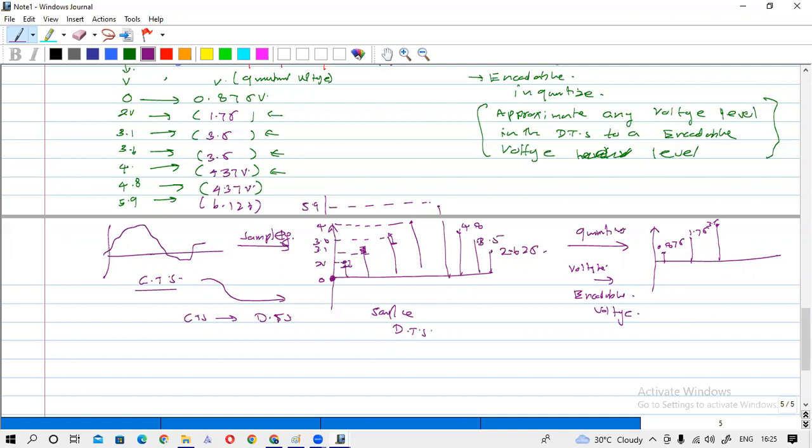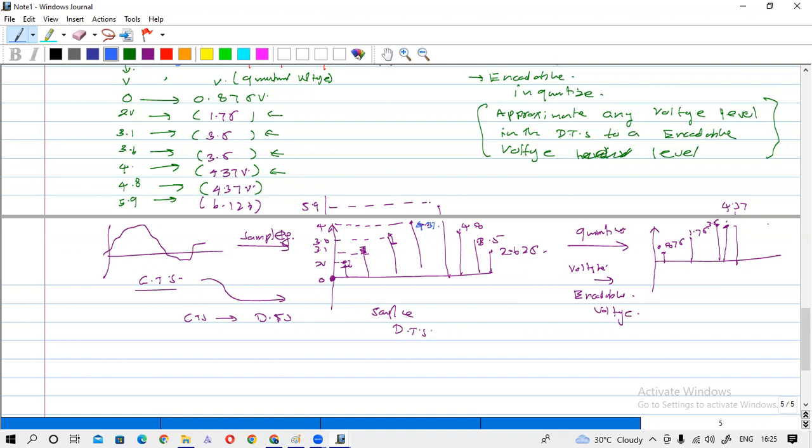So this will be 3.5, and again 3.6 also will be 3.5. And you have 4 here. For the 4, you can have 4.37. And I will write it here. This can be maximum 3.57.